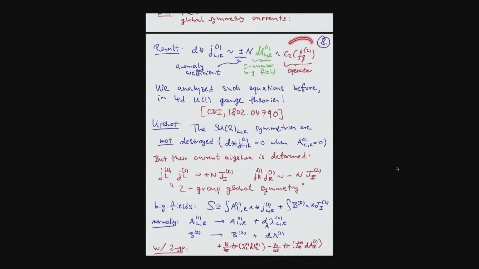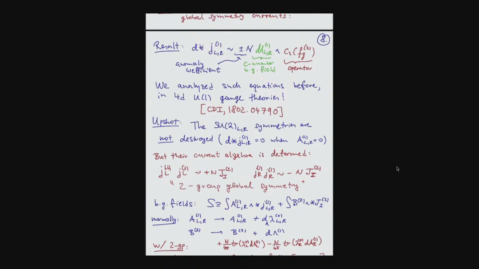And remember, this operator is the two-form current, or the star of the two-form current of the instanton symmetry, which I call J sub I. So two J left currents can fuse into the instanton two-form current, and the fusion coefficient is this anomaly coefficient N. And similarly, if you take the opposite sign here, you get the fusion of two right-handed R symmetry currents into the instanton two-form current with fusion coefficient minus N.